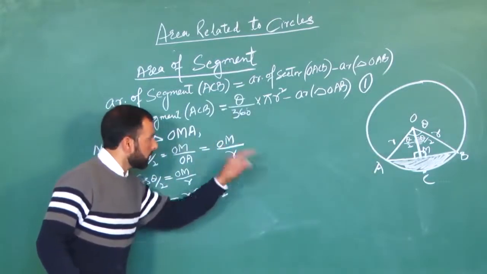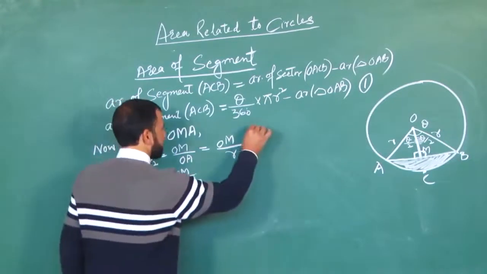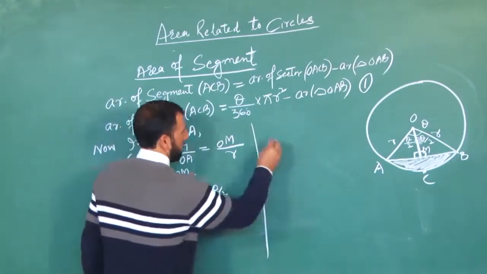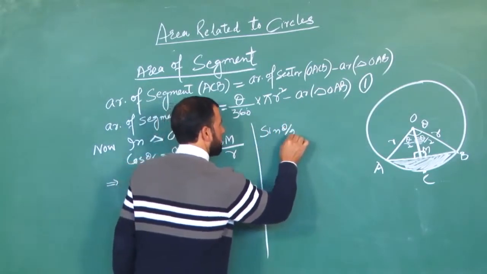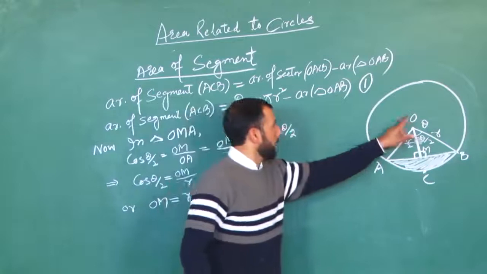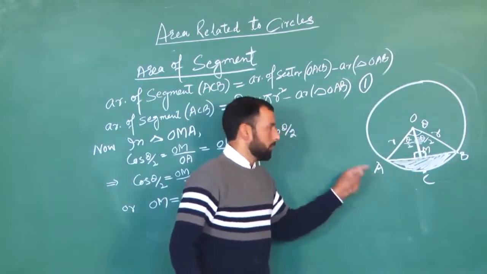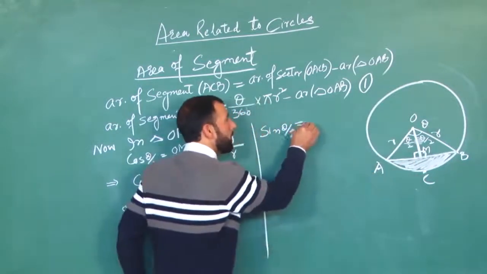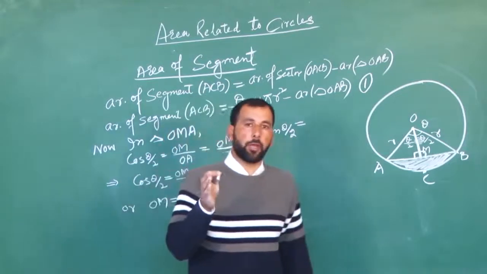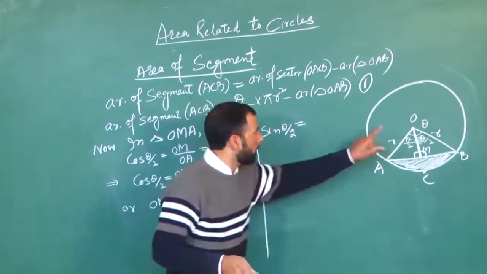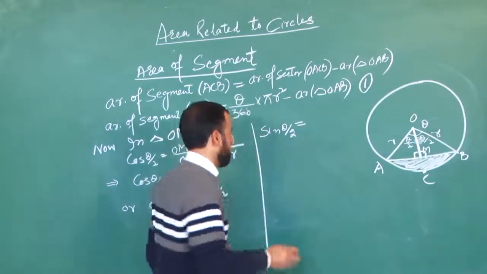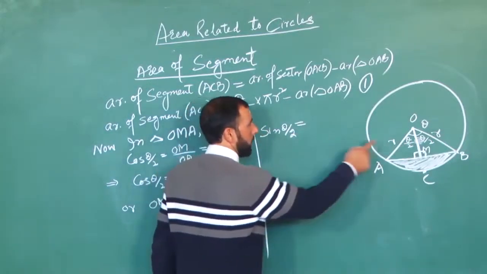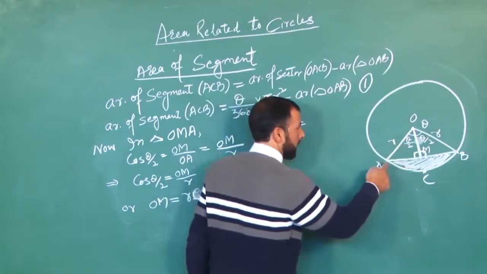Similarly, taking the same triangle, now sine theta by 2 for the same triangle. In triangle OMA, sine theta is perpendicular divided by hypotenuse. What is the perpendicular here? Perpendicular is the side opposite to the angle. That means we take angle theta by 2 here, the opposite side is AM.